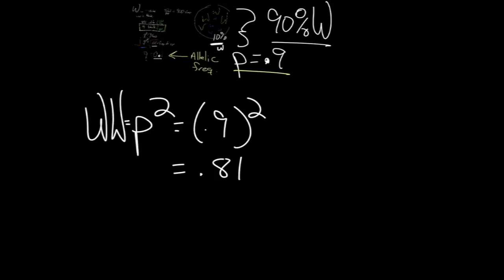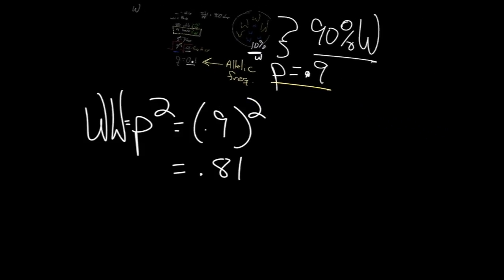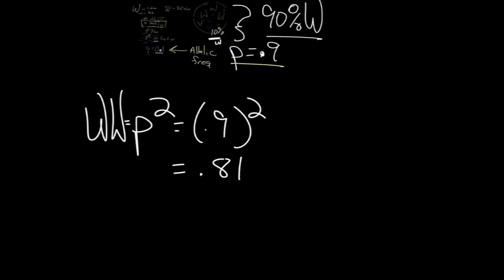Now a lot of people make another mistake: they take that original number we calculated up here, 0.01, and say, okay, if Q squared is 0.01, then P squared has to be 0.99. No, because you're forgetting the heterozygotes. You can't do that. So 0.81 are homozygous dominant.